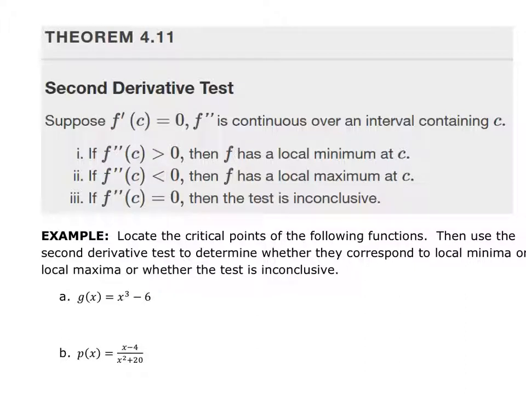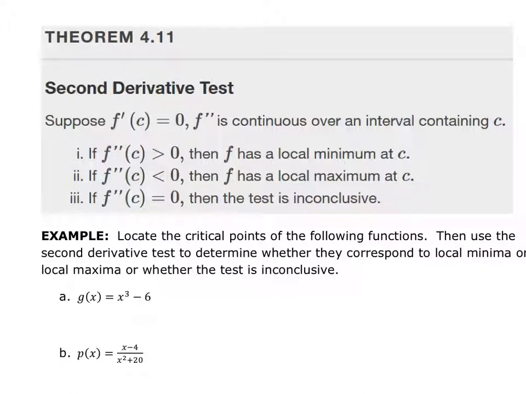If it's less than 0, I have a maxima. And it could be absolute, it could be local. We won't know until we look at what we have for all of our critical points and/or the endpoints, if we have them. If my second derivative equals 0 at that critical point, then the test is inconclusive and it doesn't tell us anything.